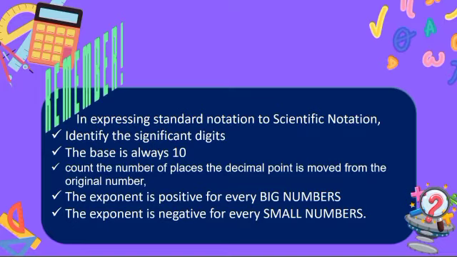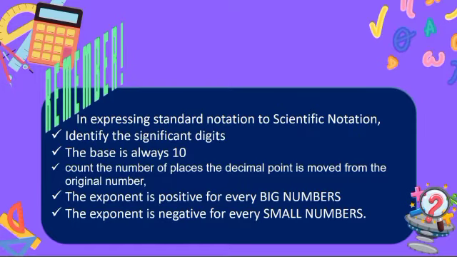So, laging multiply the base by 10 and then count the number of places the decimal point moved from the original number. So remember that for every big number, the exponent is positive. And for every small number, the exponent is negative.